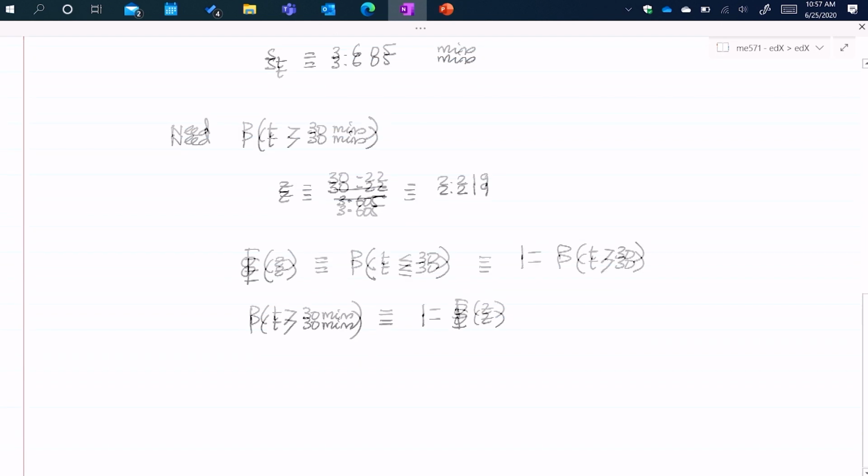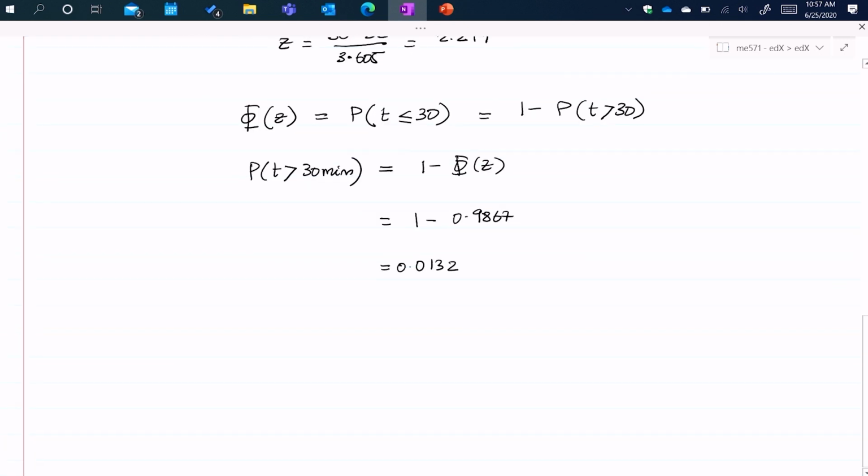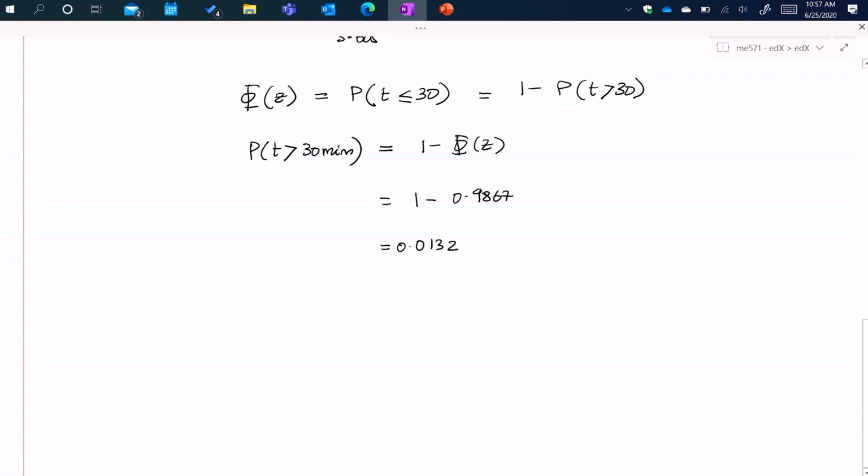Okay, and phi of z corresponding to 2.219 is 0.9867. So this is 1 minus 0.9867, which is equal to 0.0132. So the probability that time would be greater than 30 minutes is 0.0132.